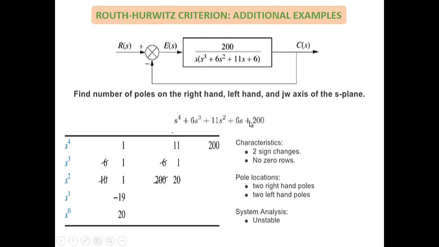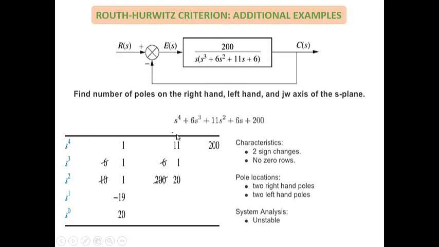So from that, how you want to interpret it into your characteristic form. So from here you got S4 plus 6S3 plus 11S2 plus 6S plus 200. So you will get your equation here.